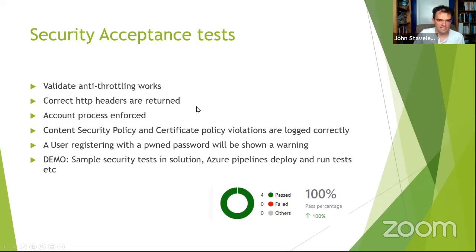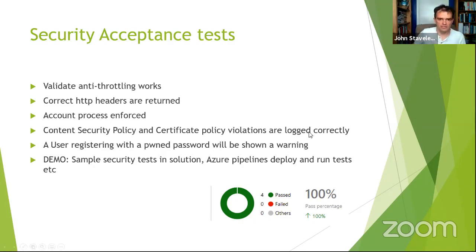I can check the correct HTTP headers are being returned, and it will fail the build if someone's changed them or they're wrong. The account process is enforced, so that's in the OWASP top 10 list of vulnerabilities. And if a user is registering with a pwned password, it will show a warning.